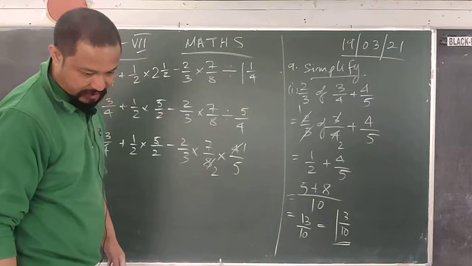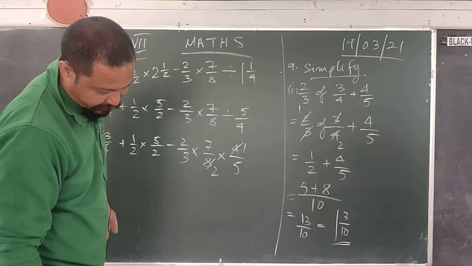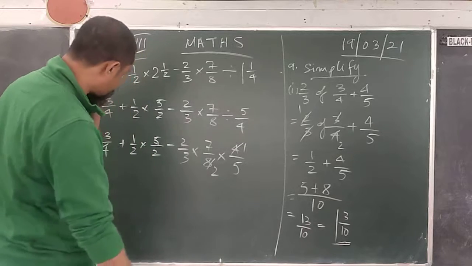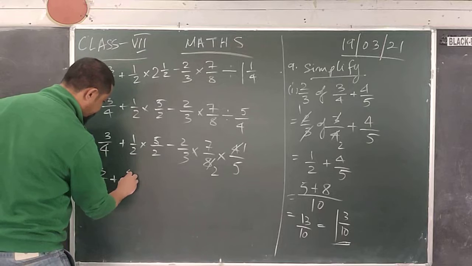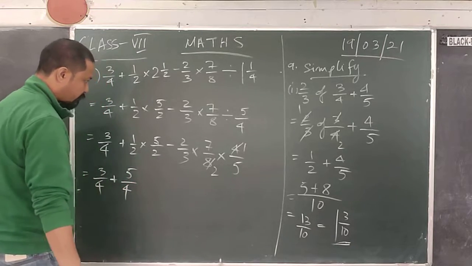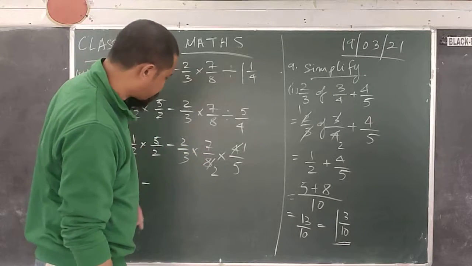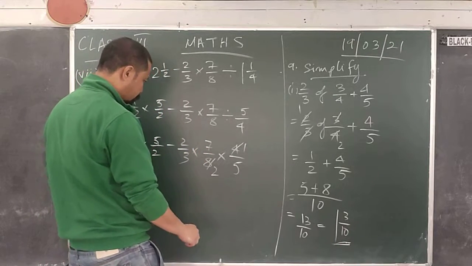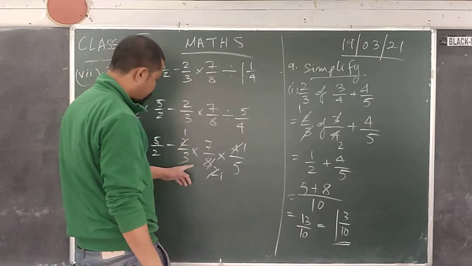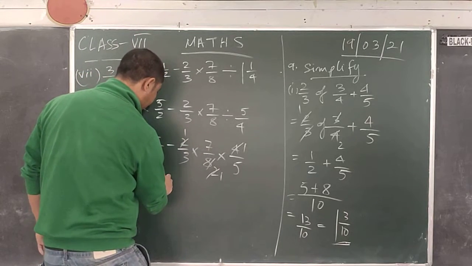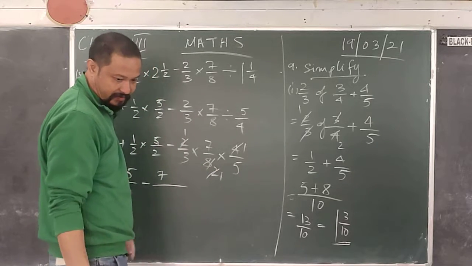Okay, now let's come down. Then we need to multiply: 3 by 4 plus 5 1s are 5, 2 2s are 4, minus, I think we can compute out here also. Okay, so 2 and 2 also cancel out here. So 7 1s are 7, right? So 5 3s are 15.